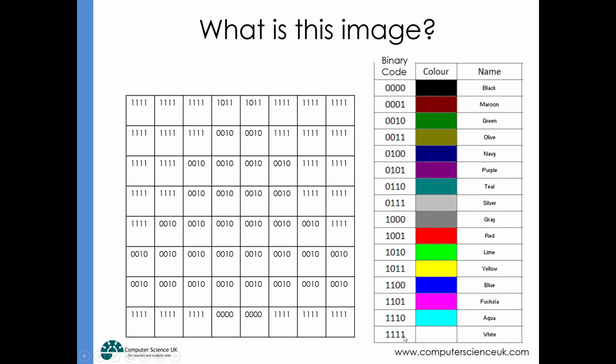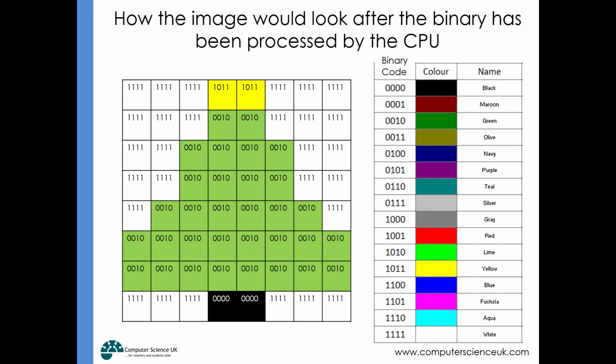The color for 1111 is white. Over here we've got the binary number 1011, and if we look at 1011, we'll see that it's defined by the color yellow. So if you could look at each of the colors for each of those pixels and color them in, this particular binary image file would actually represent a pretty awful looking Christmas tree.